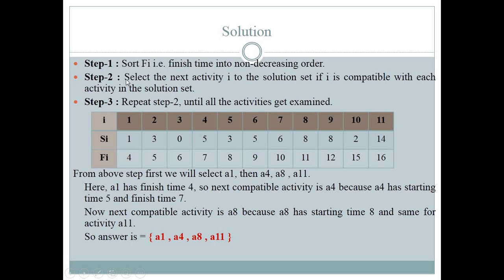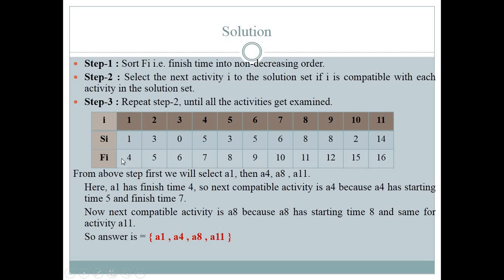Now the second step says select the next activity i into the solution set if i is compatible with each activity in the solution set. Now if we start our activity 1, then its finishing time is 4.